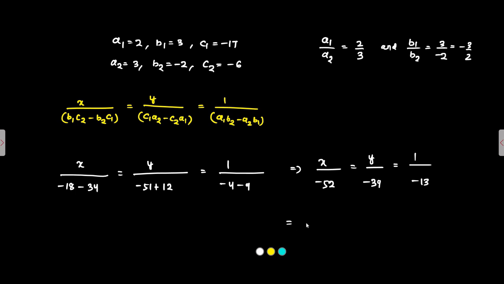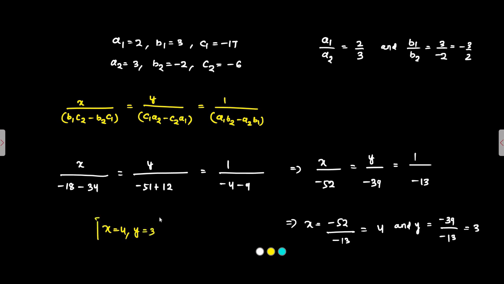That implies x is equal to minus 52 by minus 13, which is equal to 4, and y is equal to minus 39 by minus 13, which is equal to 3. So x is equal to 4 and y is equal to 3. That is the solution.